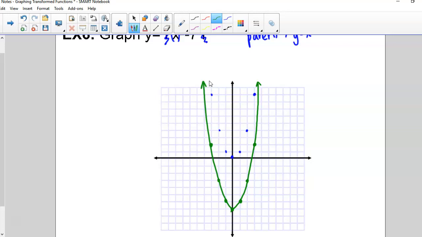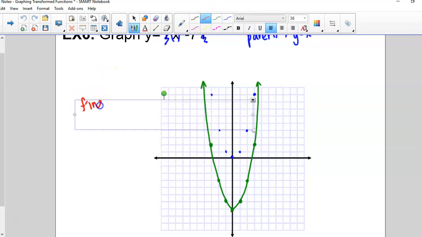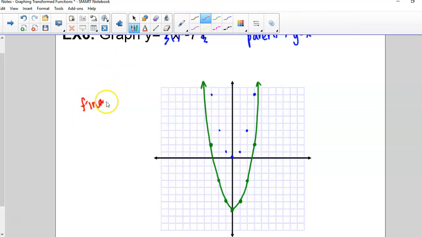All right, so whenever we take the absolute value of this function, what it's going to do is take anything below the x-axis and flip it upside down over the x-axis. But anything that's above the x-axis stays where it was already at. So that means I'm going to use red for my final answer. And since I've drawn a line, I'm going to put final answer over here.